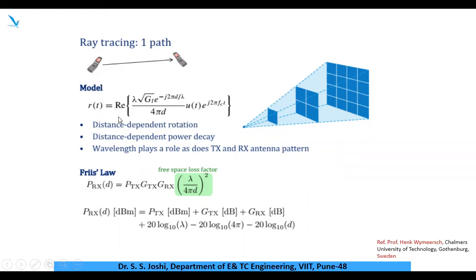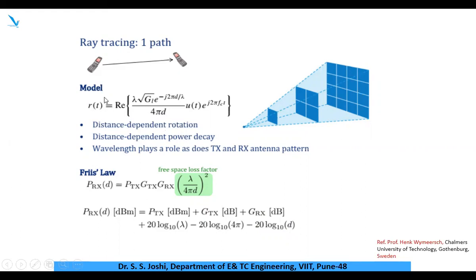So the received signal depends on the distance, on the rotation, that is the phase, and on the distance-dependent power decay. As the distance increases, the power of the signal decreases, and wavelength plays a very important role at the receiver antenna and its antenna pattern. Depending upon that you will receive the signal strength, that is r of t over here.